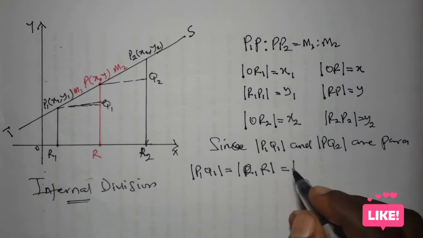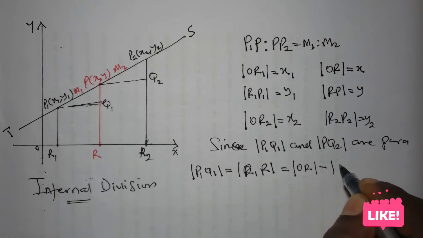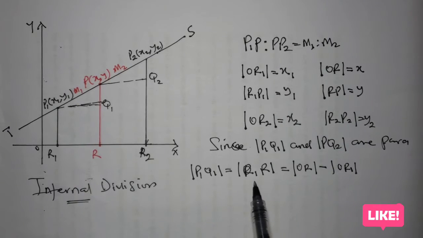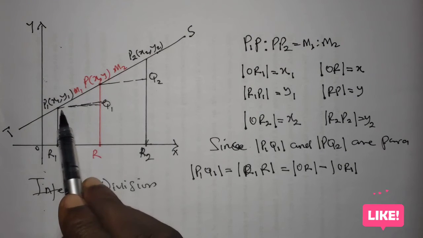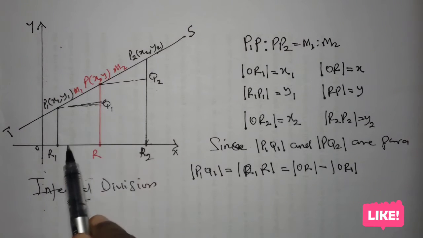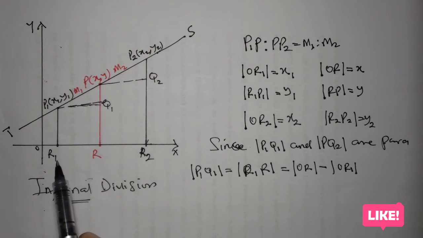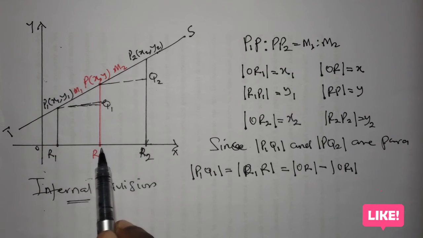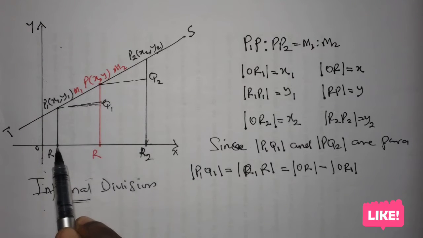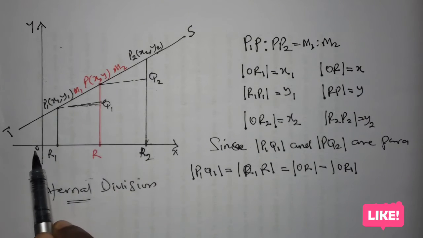And that is equal to line OR minus line OR1. How? We said line P1Q1 is equal to line R1R, which is equal to OR minus OR1.